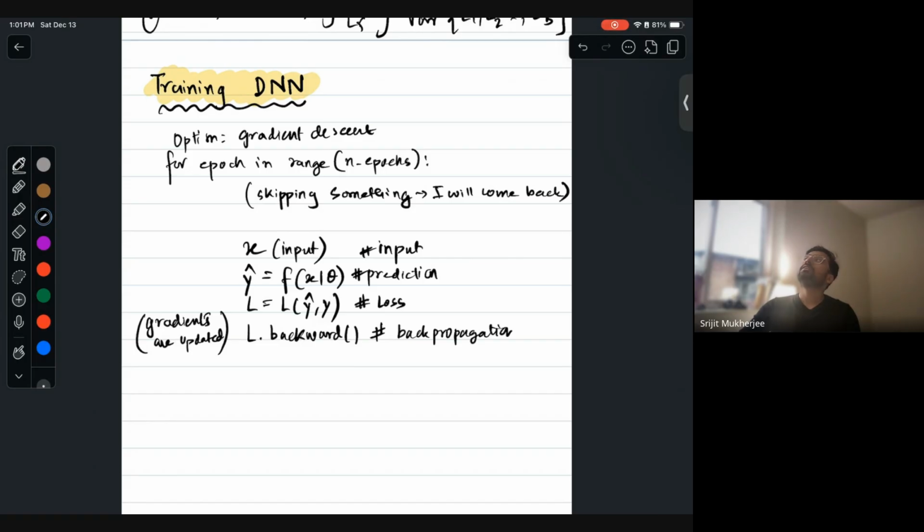The gradients being computed means that del L, del theta i's are calculated, but it doesn't mean that the parameters themselves are updated. When you do optim.step, the thetas are updated. The parameters are updated.